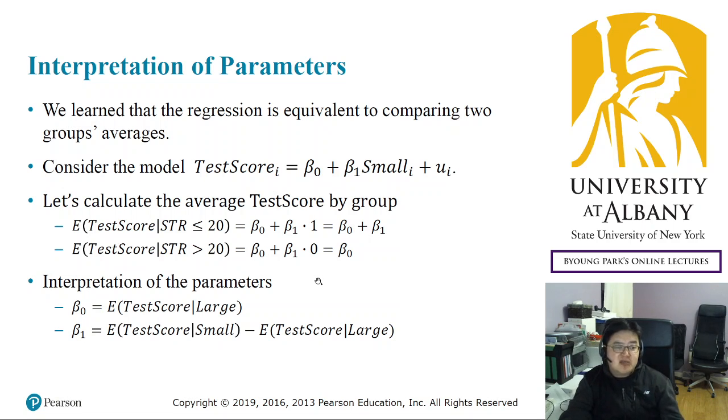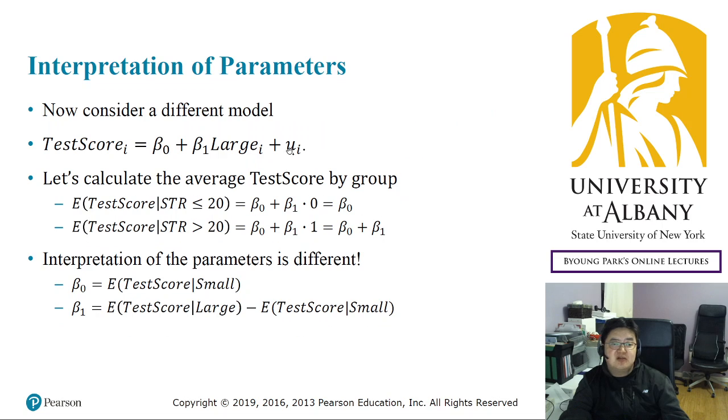What's interesting here is I'm going to change the regression model from using small to using large. So you drop the other variable. Now we consider basically the same model, but using a different definition of the dummy variable. Previously, the small class group had beta 0 plus beta 1, and the large class group had beta 0.